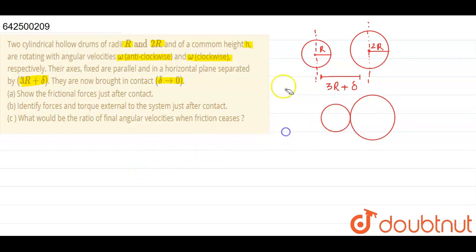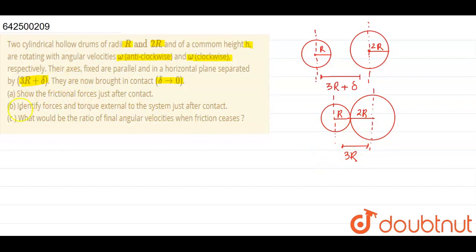Okay, like this. So now we are bringing them closer such that the distance between their axes of rotation, which are fixed, becomes 3r. Delta tends to 0, that means the total distance between them becomes 3r. That is obvious because the radius of this is r and the radius of this is 2r, so the total distance between their axes is 3r.